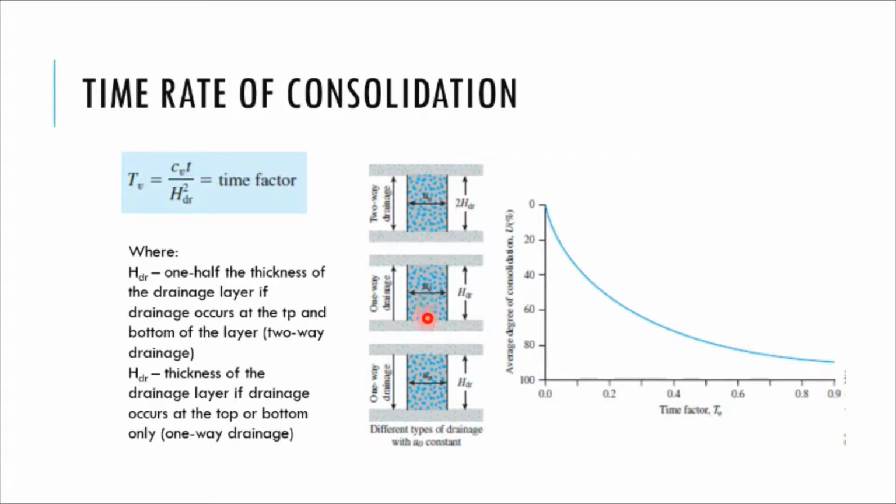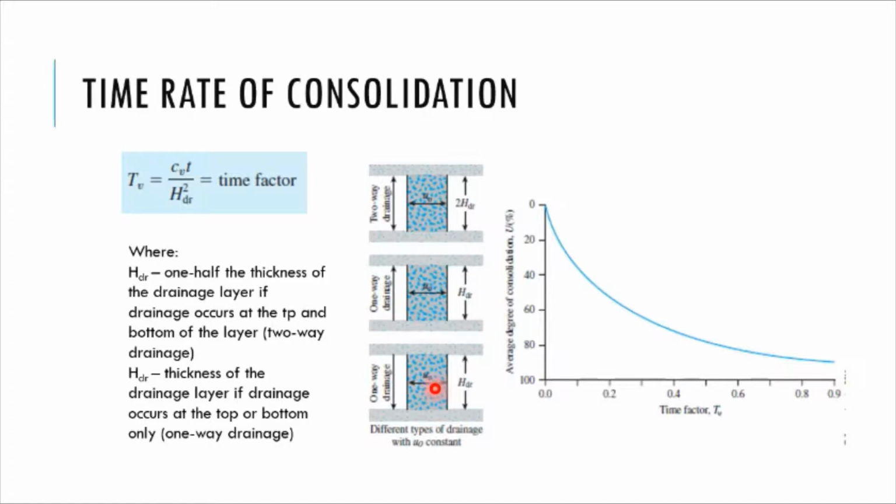And then, if this is the case, this will be one-way drainage. Ito lang yung permeable. Impermeable na yung baba ng clay layer na ito. So, yung expulsion ng tubig ay dito lamang mangyayari kapag nag-apply ng load sa taas lamang. So, this will be just one-way drainage.